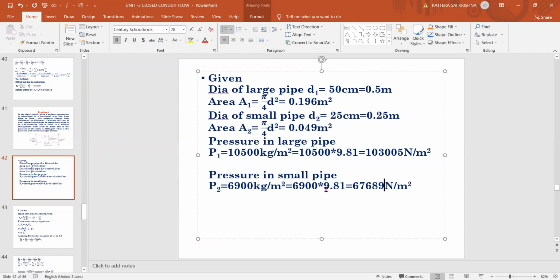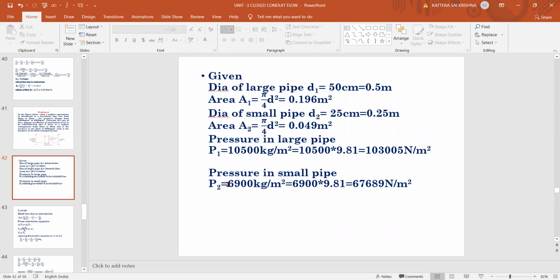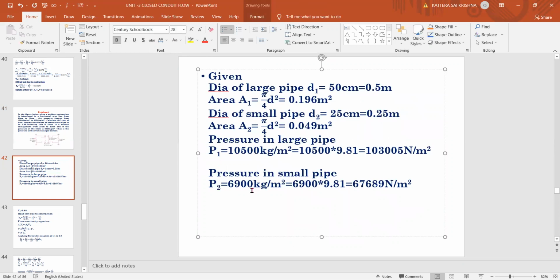One minute, if you see the diagram in the previous question, P3 is also given, the same thing, 6,900 kg per meter square. So here you can write P2 is also equal to P3.